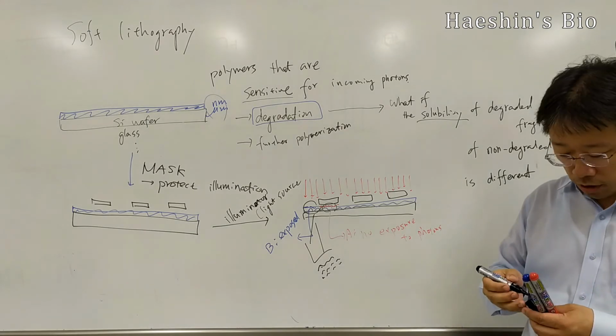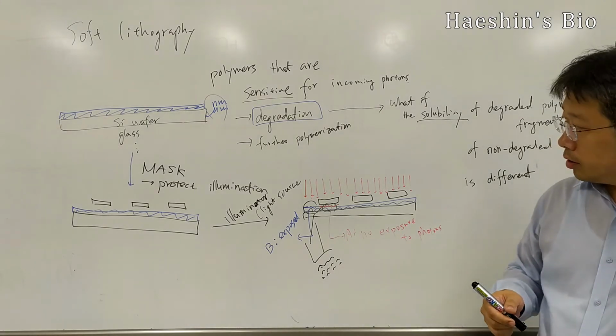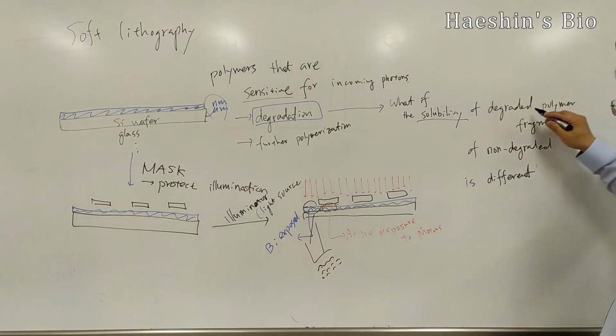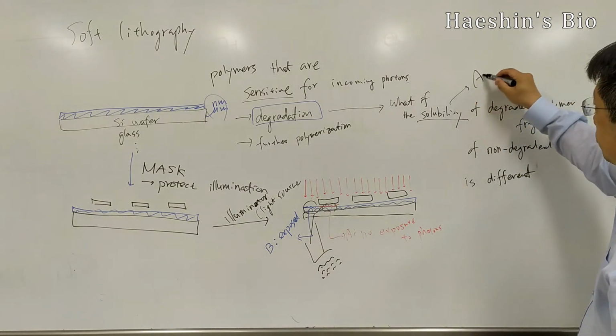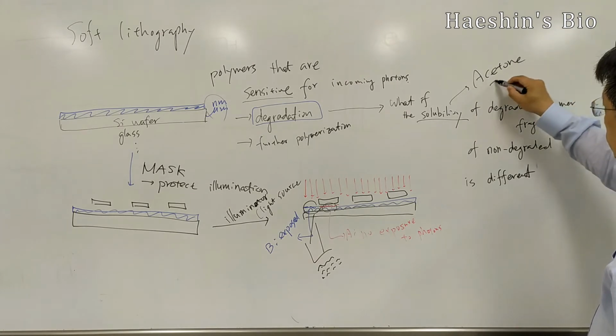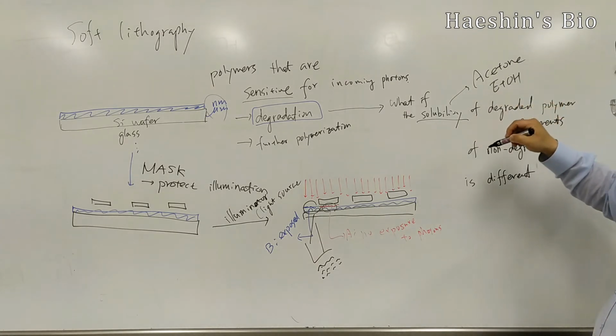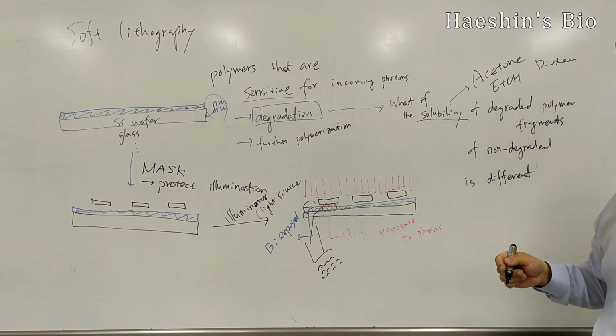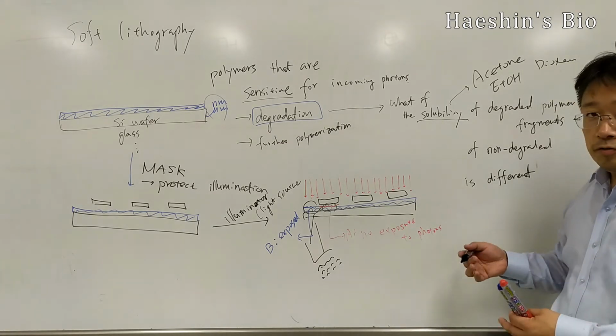This is a very, very important part, because now you have, say, the solubility against, for example, acetone, or ethyl alcohol, or dioxane, whatever solvent you know. There's a difference.